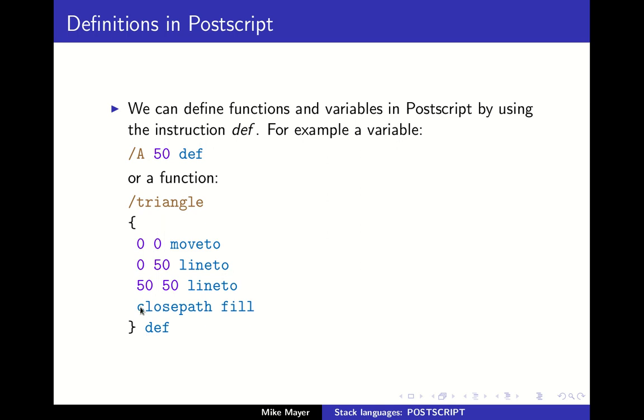So all these lines here belong to the triangle function. At the end we say def, basically saying every time this triangle is used, these lines are added into the program, and we see these would be instructions that belong to a closed, filled up triangle with the coordinate points 0 0, 0 50 and 50 50.